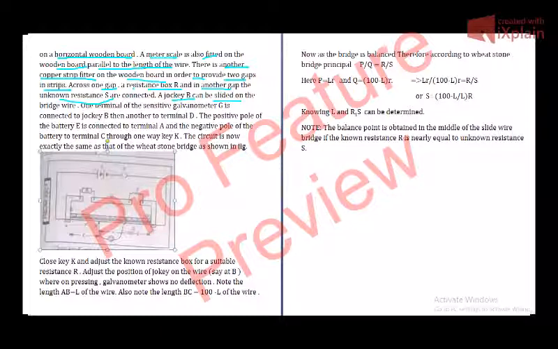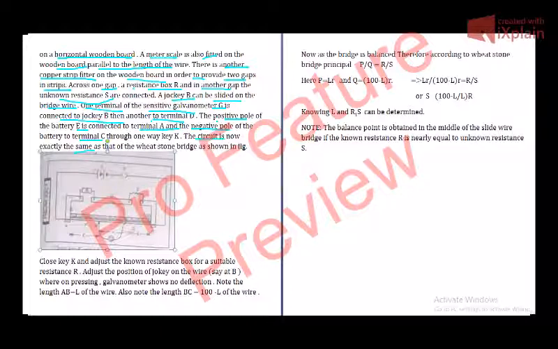One terminal of the sensitive galvanometer G is connected to the jockey B and another to terminal D. The positive pole of the battery E is connected to terminal A and the negative pole of the battery to terminal C through a one-way key. The circuit is now exactly the same as that of the Wheatstone bridge as shown in the figure.